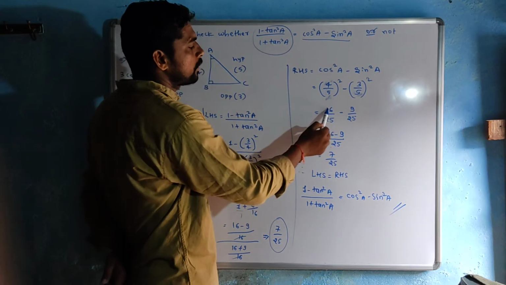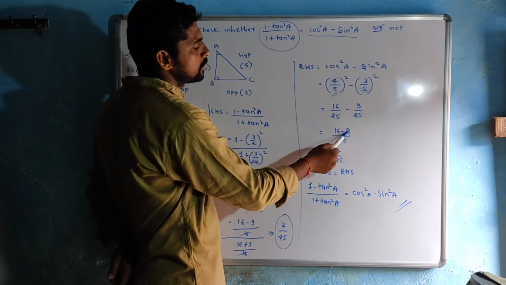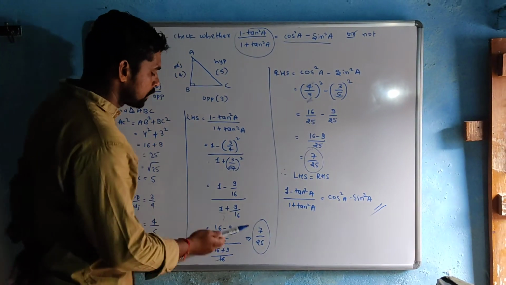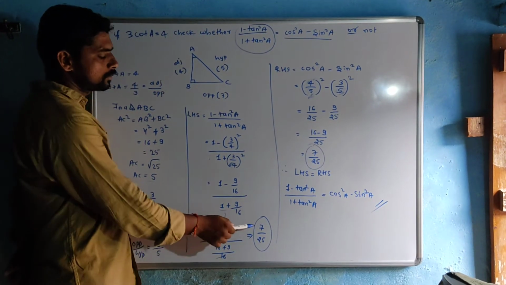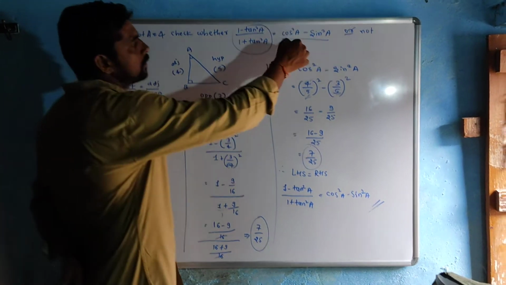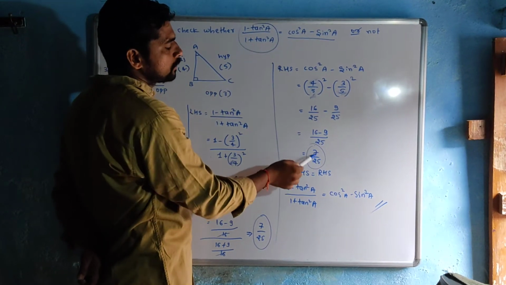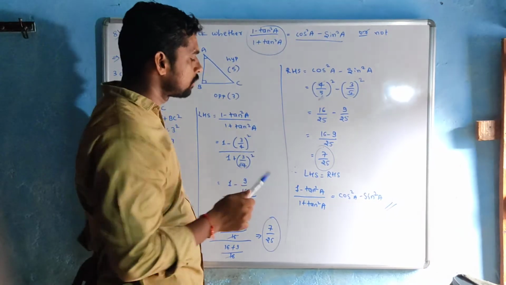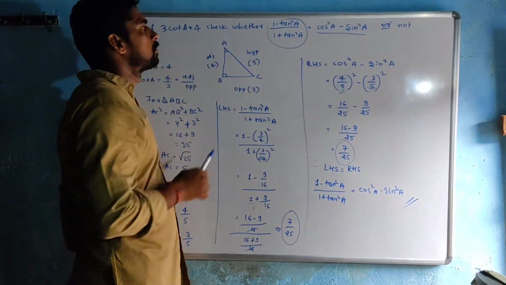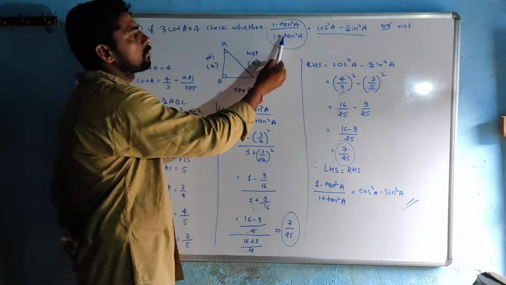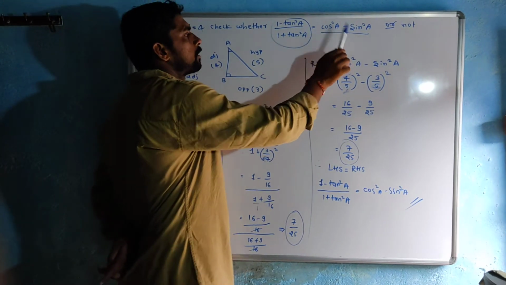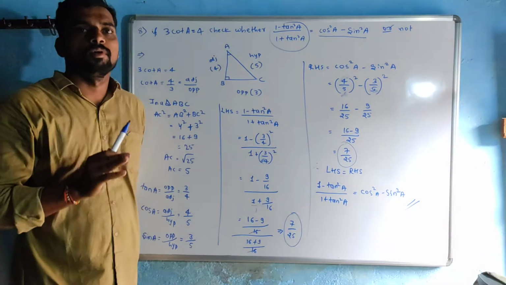LCM is 25. 16 minus 9 is 7 by 25. This is RHS. Here LHS is 7 by 25 and RHS is also 7 by 25. Both LHS and RHS are equal. Therefore it is true: 1 minus tan square A divided by 1 plus tan square A is equal to cos square A minus sin square A. Both are equal.